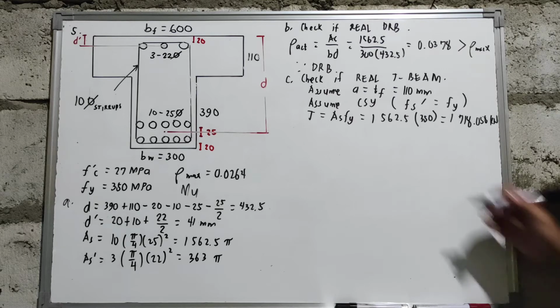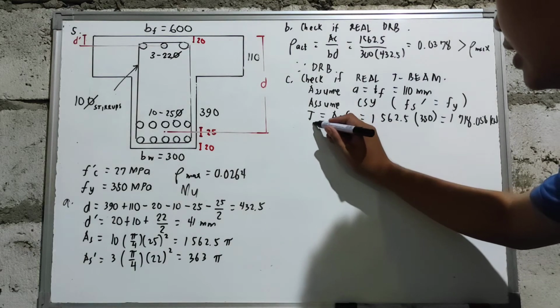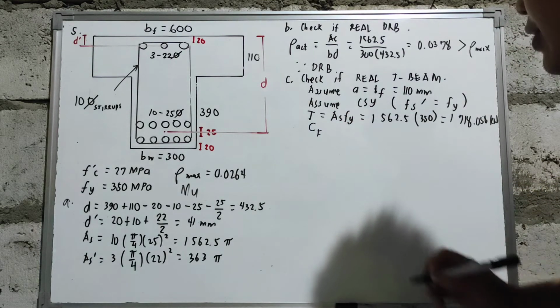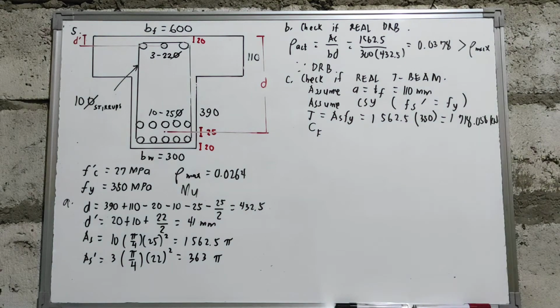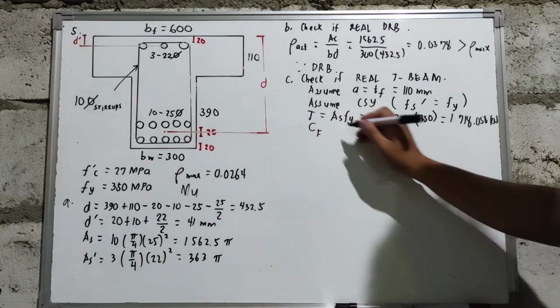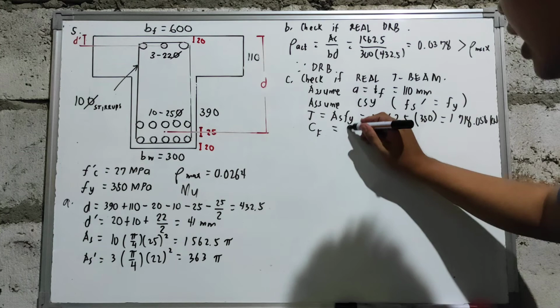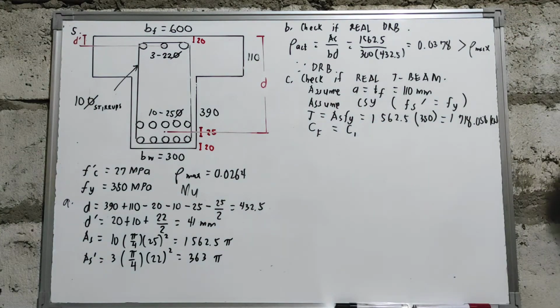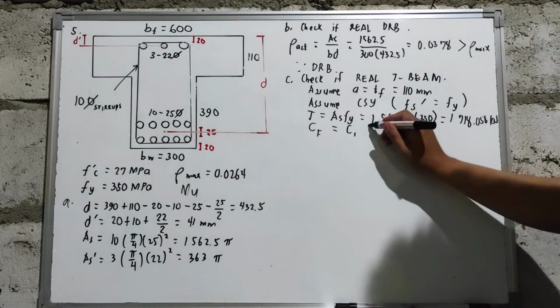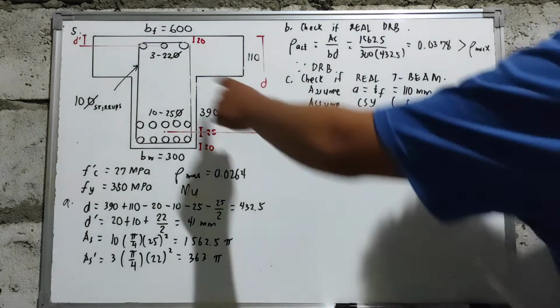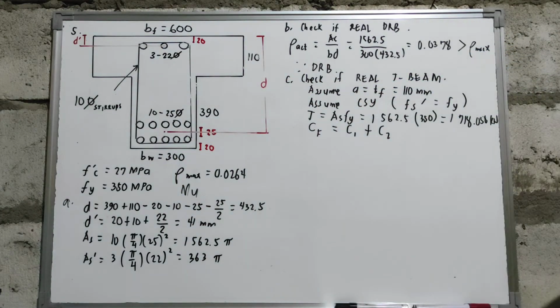So let's now compute for the value of your C sub F. So paano ngayon kapag doubly reinforced yung C sub F natin? So parehas lang naman. So una is yung sa area ng compression natin plus yung sa compressive steel bars natin.